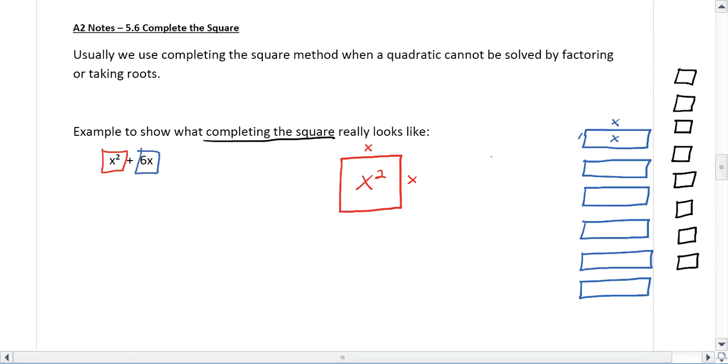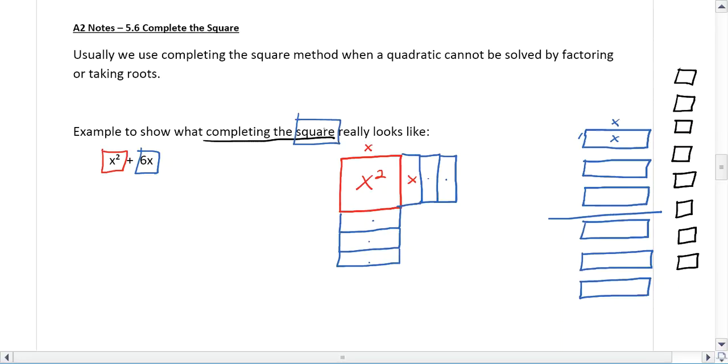And when you complete the square, you pick these blue rectangles up and set them next to my red box. You'll notice that I took the 6 blue rectangles and split them in half. I put 3 of them here, next to the x squared, and 3 of them below, because what I'm attempting to do is build a square.